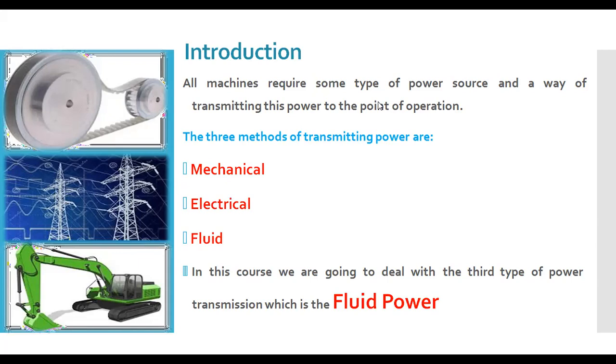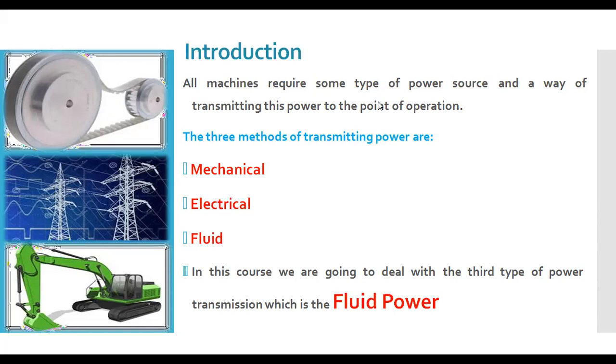And next is the fluid system, where we are using hydraulics and pneumatics. The hydraulic system is used to take up heavy loads, and the pressure generated by the hydraulic system is more than 1000 bar, while the pressure generated by the pneumatic system is 5 to 10 bar.